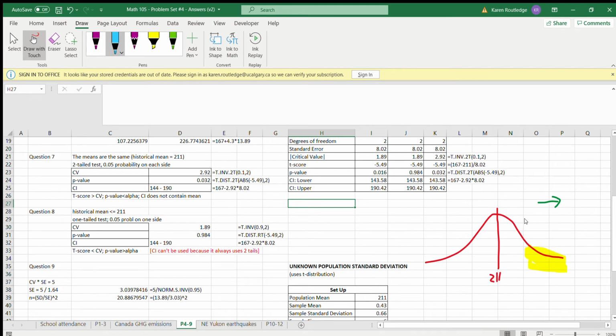Similar to before, I want to identify a threshold, and we'll assign a number to that called the critical value. And the critical value is the point that differentiates my rejection region from my do not reject region. And the area of that rejection region is going to be the significance level.